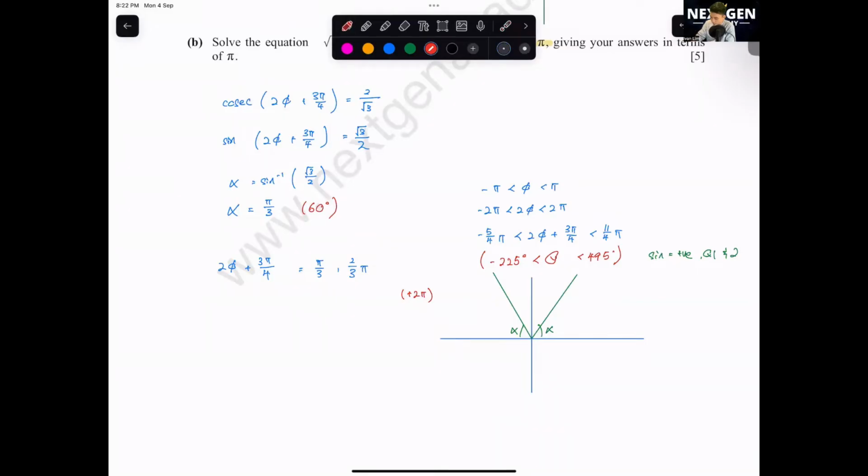So plus 2 pi, this becomes 7 over 3 pi, and this becomes 8 over 3 pi. Then you minus 2 pi from pi over 3: 1 over 3 minus 2, you get negative 5 over 3 pi. 2 over 3 minus 2, negative 4 over 3 pi. So I got 6 possible answers right now.